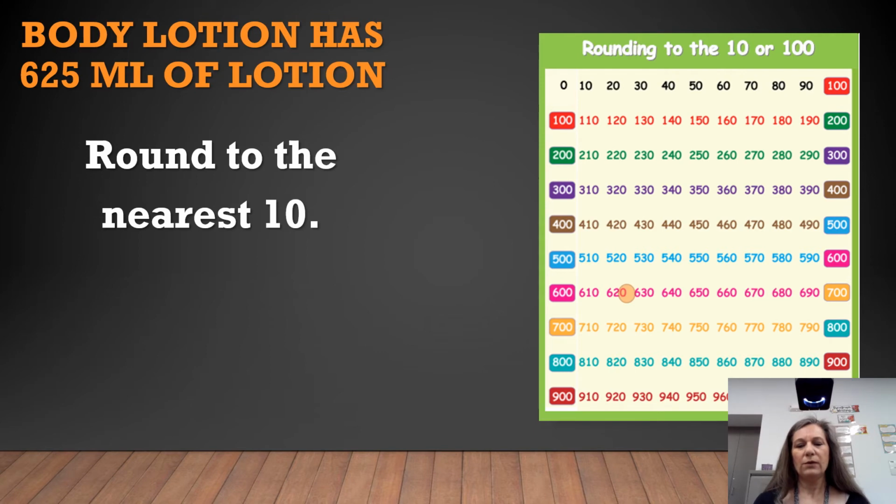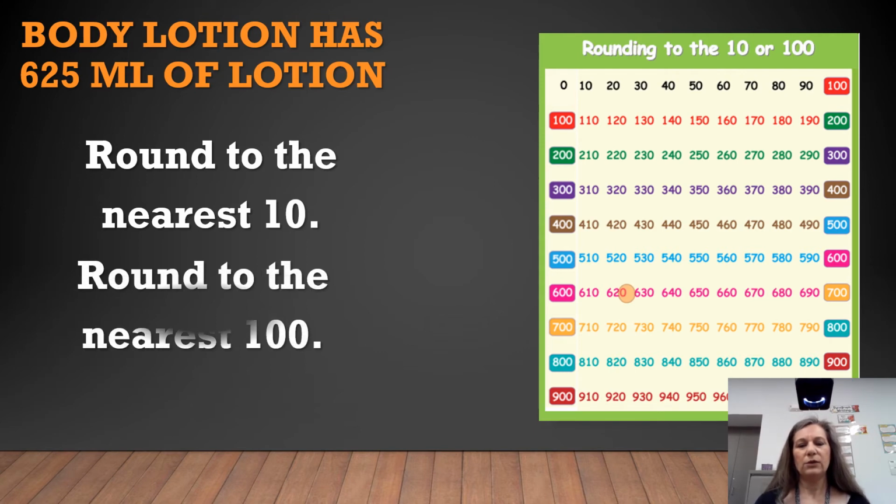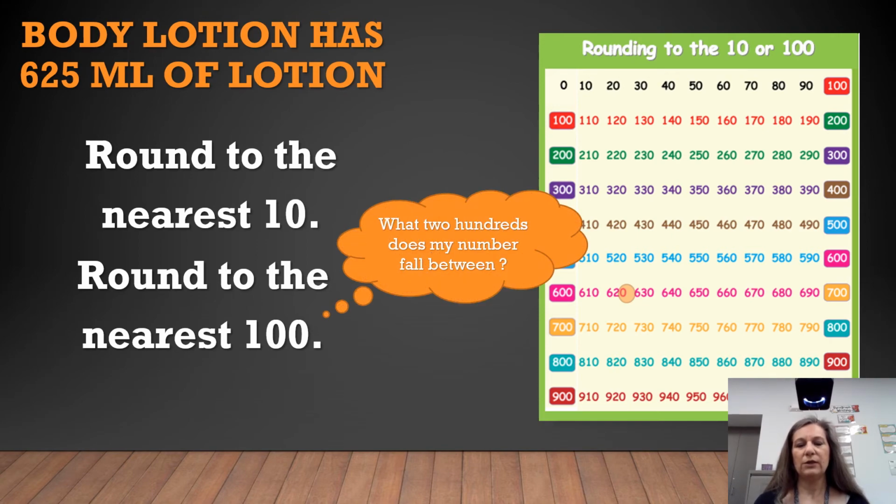Now, we're also going to round to the closest 100. So again, we want to ask ourselves, what two hundreds does my number fall between? So if we look at that row on either end, we're going to notice that 600 is on the left side and 700 is on the right side. Those are the two hundreds that my number falls between.